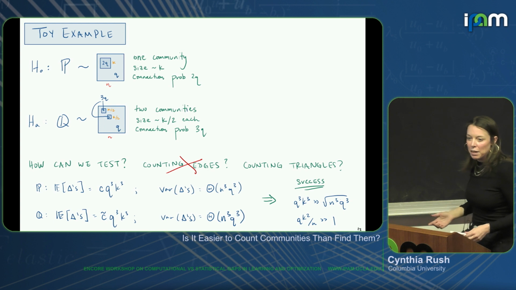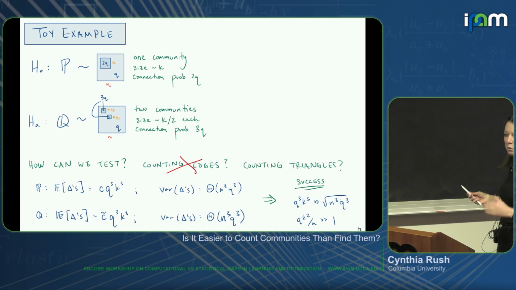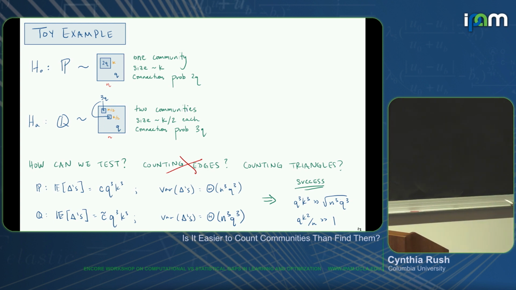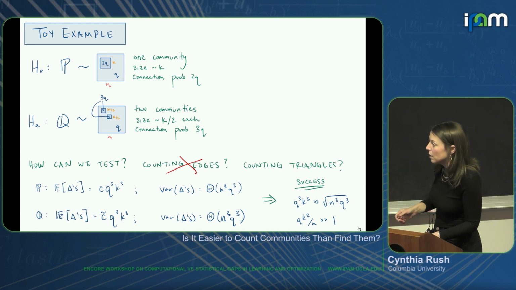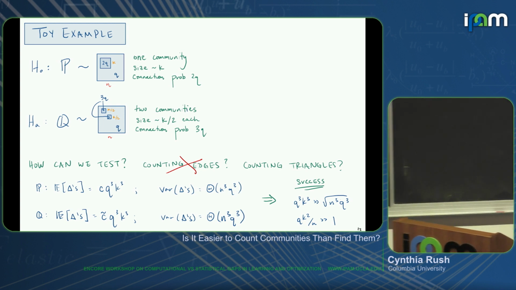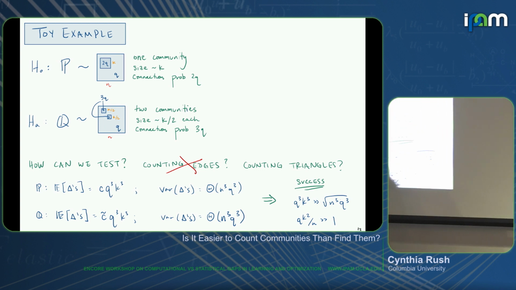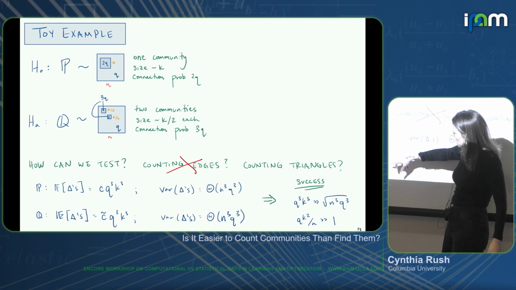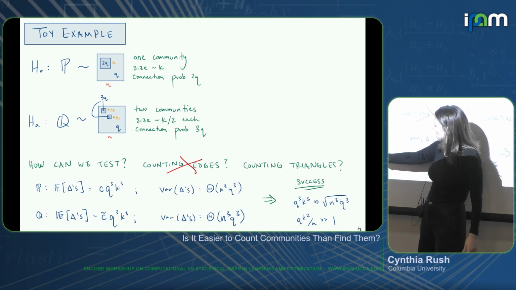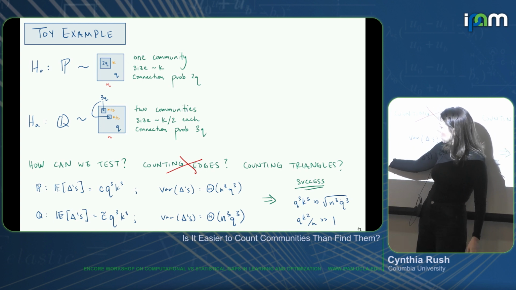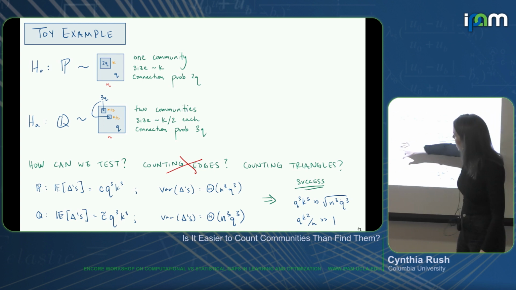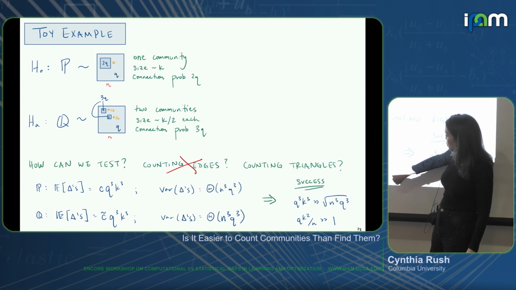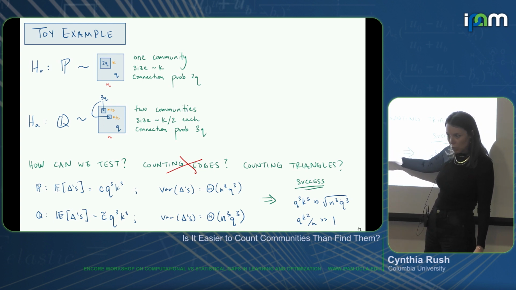Okay, so, you guessed it. How do we detect? We count the triangles. And what this shows is that this will work. Under P and Q, the expected number of triangles in both cases is some constant times q cubed k cubed. And the variance of the triangles in both cases is of the order n cubed q cubed.